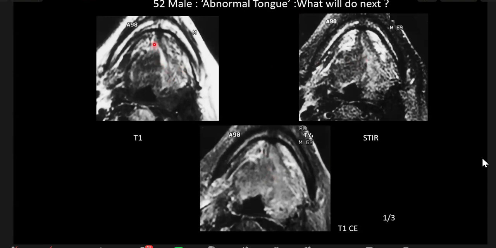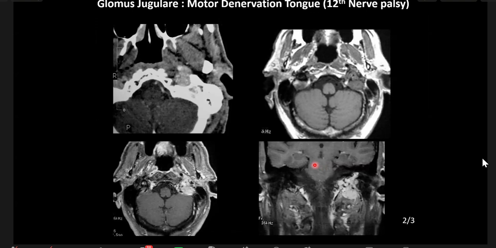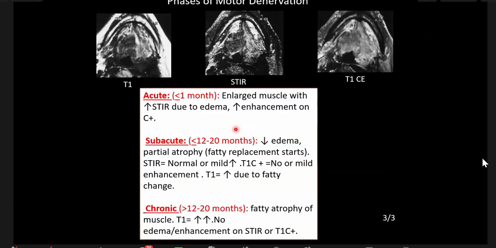In this particular case, you can see changes in the T1. There is low signal here, STIR slightly high signal, patchy enhancement. In motor denervation, they will show you a case where the tongue will be visible.